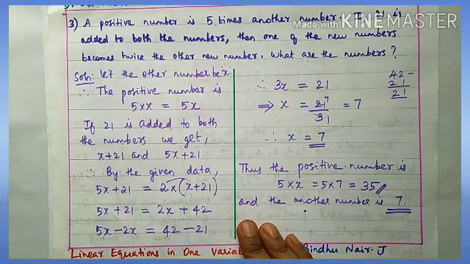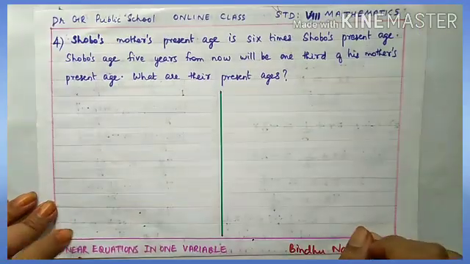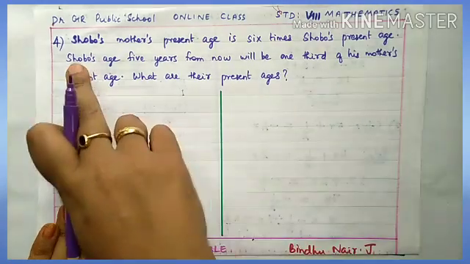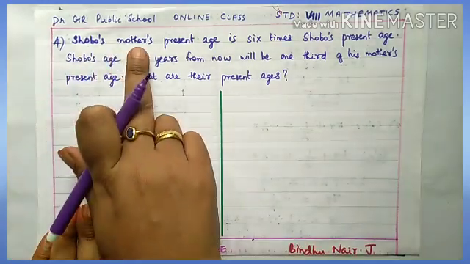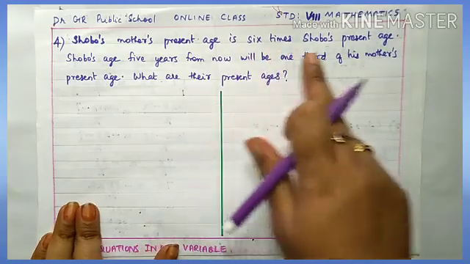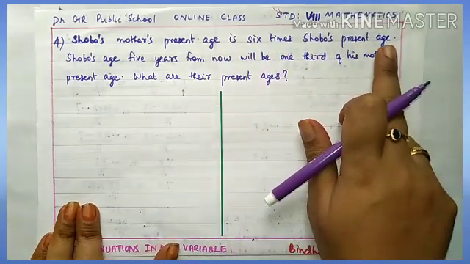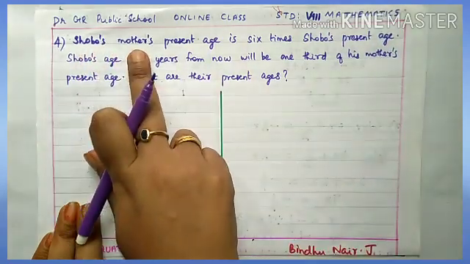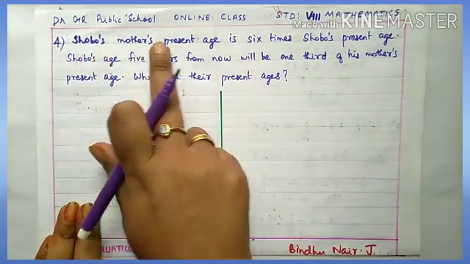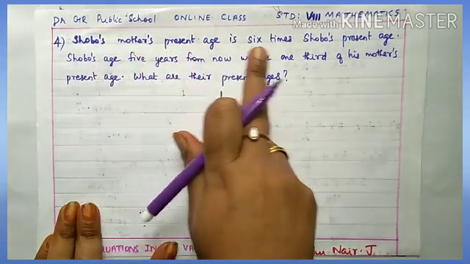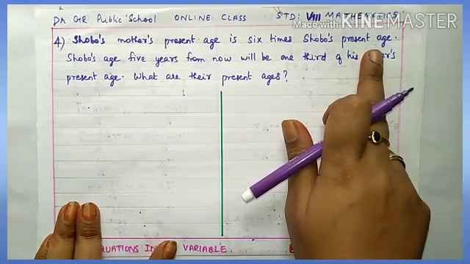Okay, children? So one more question we can discuss. Read the question. Shobo's mother's present age is 6 times Shobo's present age. Shobo and his mother are discussed here, and his mother's present age is 6 times his present age.